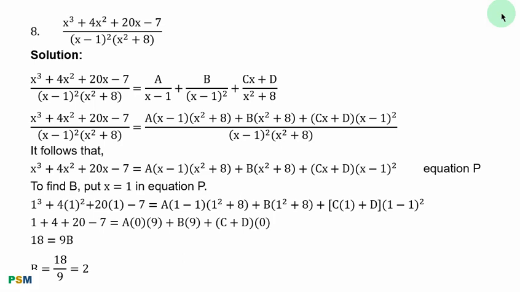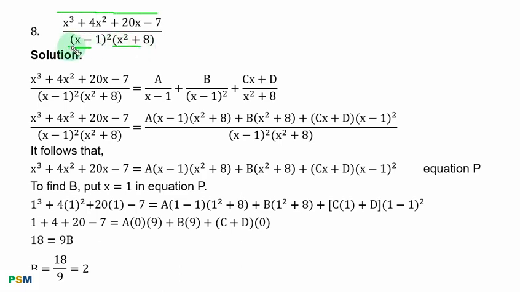Example number 8: you have (s cubed plus 4s squared plus 20s minus 7) over (s minus 1) in bracket squared, then (s squared plus 8) in bracket.